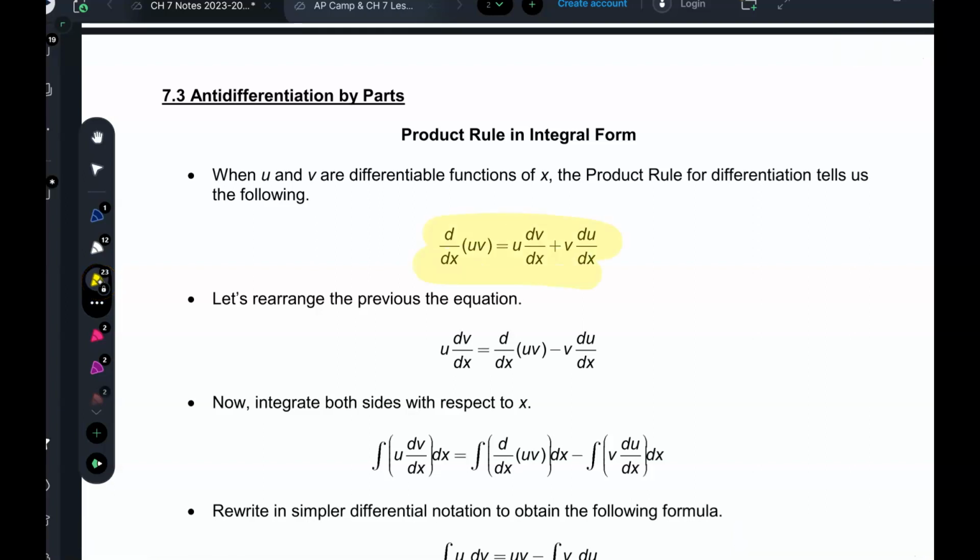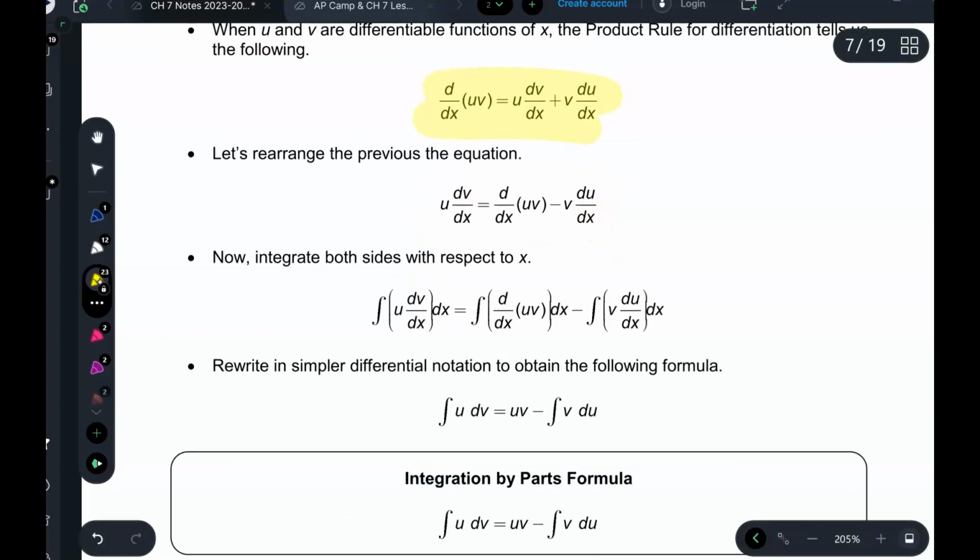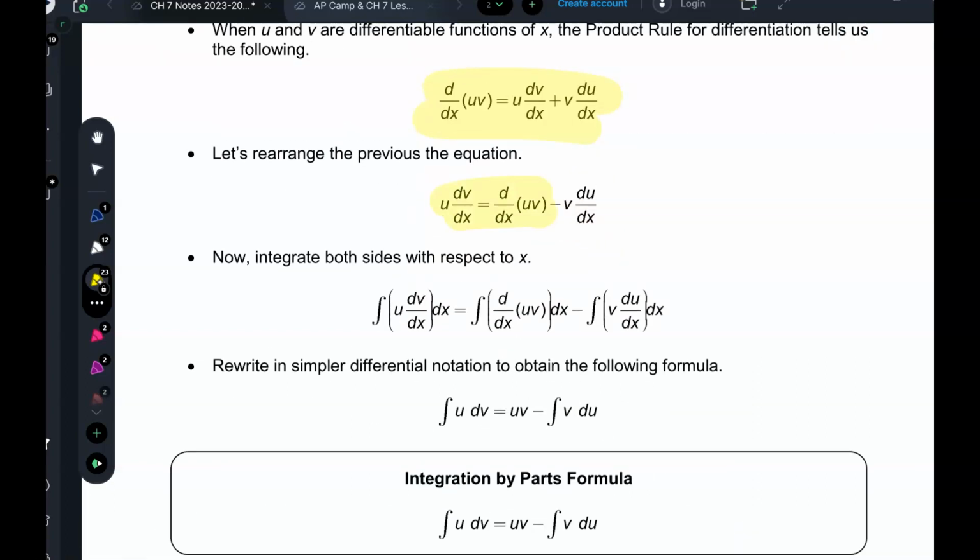And now we're just going to do a little algebra, basically. So let's rearrange it so that it's u dv/dx, and then we move over the du/dx times v. Good. So we just kind of swapped these. And then what happens if we take the integral of both sides?